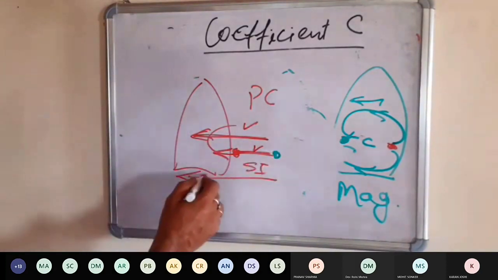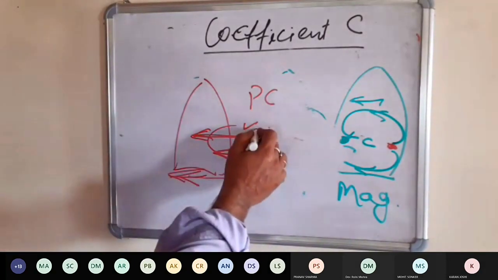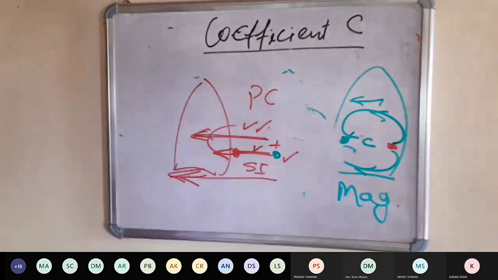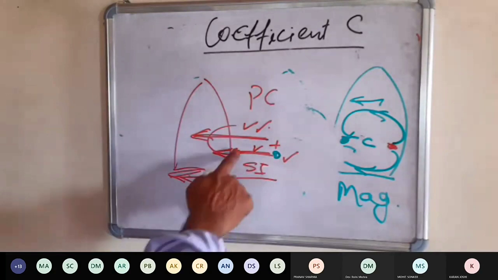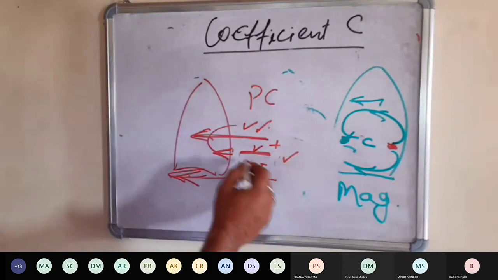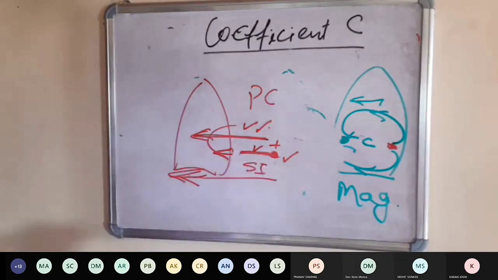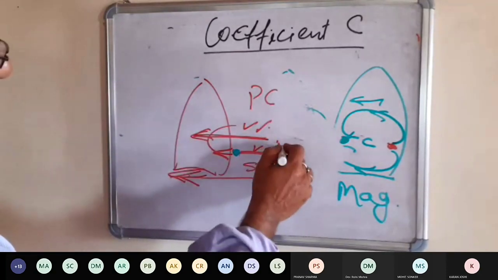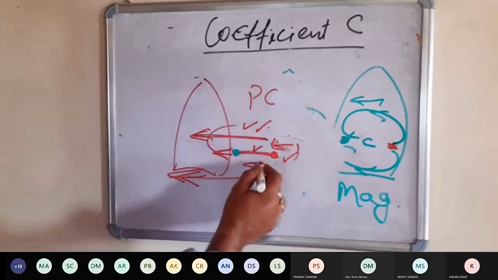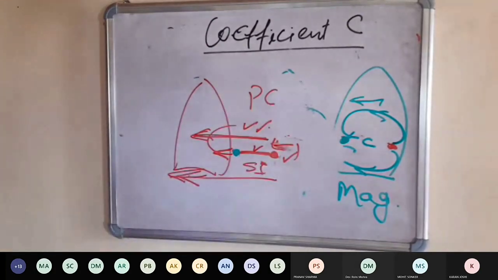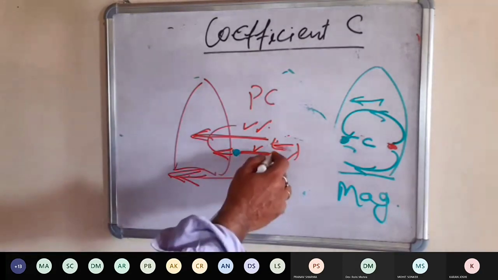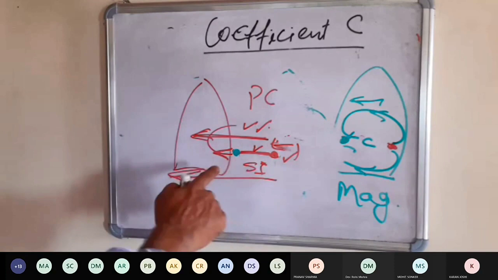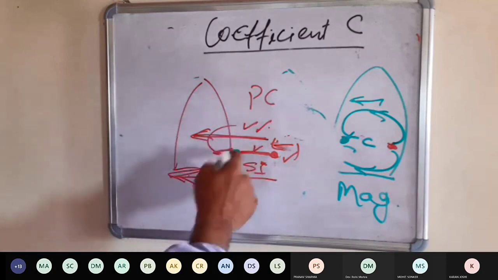The overall effect of C will be the algebraic sum of this plus this. If we have a soft iron which is in the opposite direction, then we will have this minus this, or whichever is bigger. Because here it is in the opposite direction. No, why opposite, here it is the same direction.